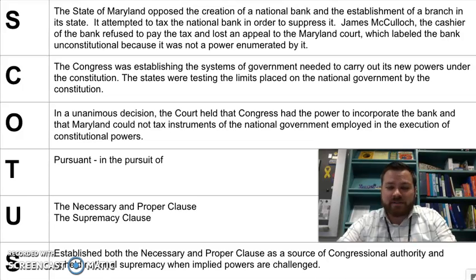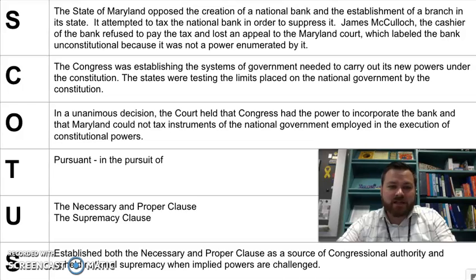So Congress establishes the national bank. Maryland decides to institute a tax on that national bank in order to try to exercise influence and control over it, because they didn't like the idea of a federal institution within the borders of their state that they had no control over.